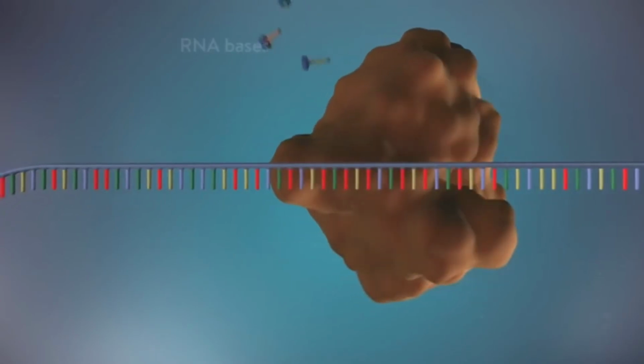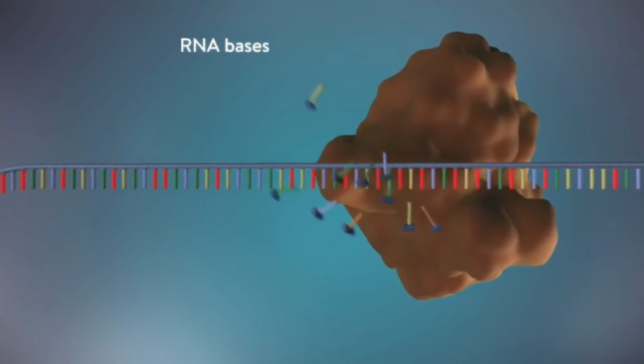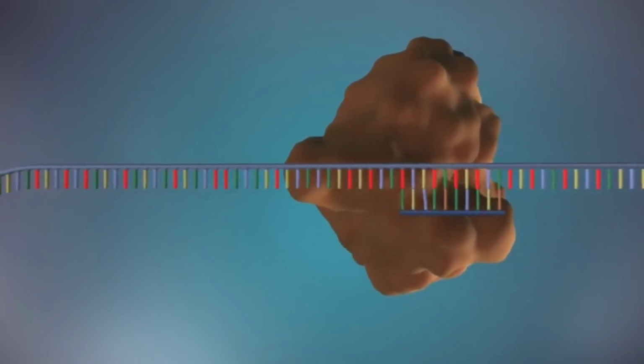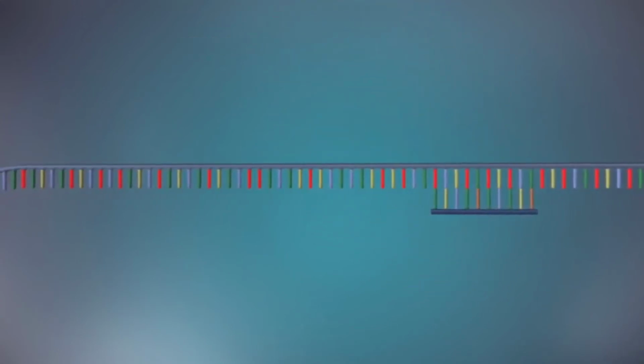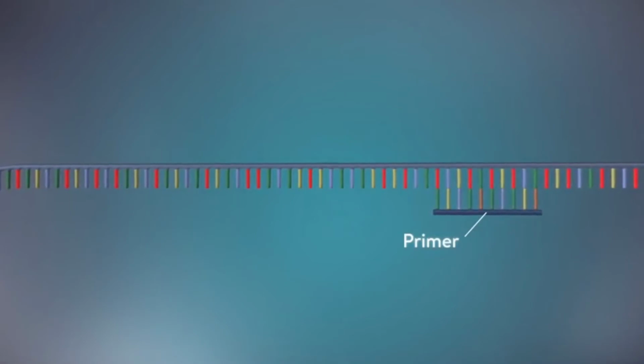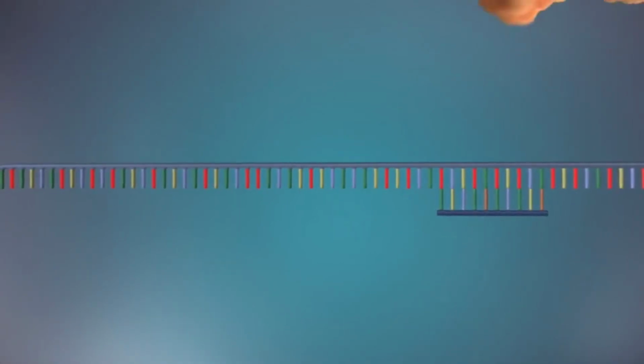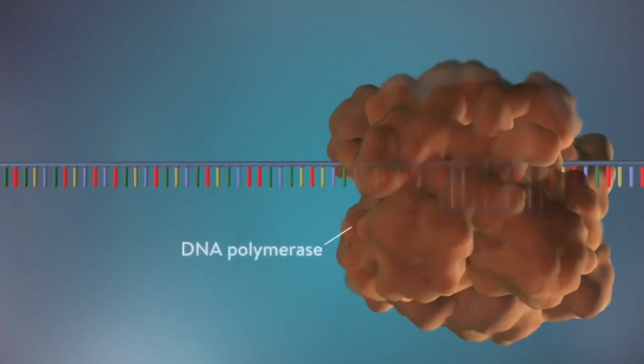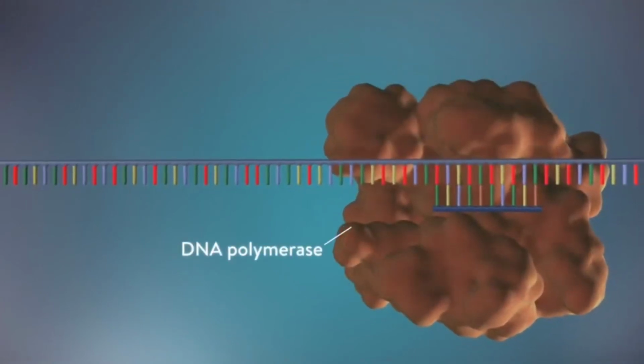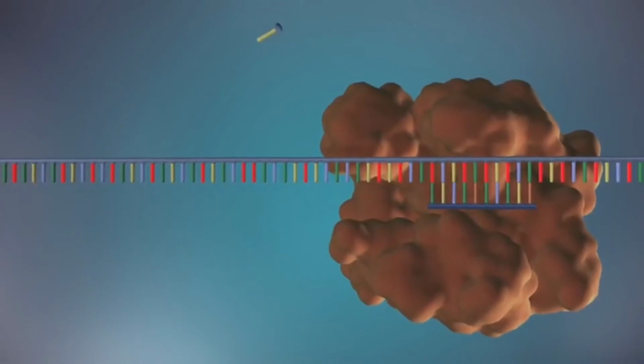Then a primase enzyme acts and forms an RNA primer. This primer provides the stage for the binding of the DNA polymerase. DNA polymerase comes and binds where the primer is attached.